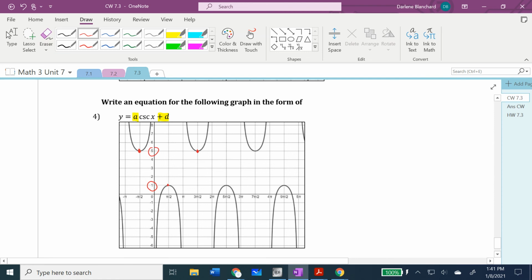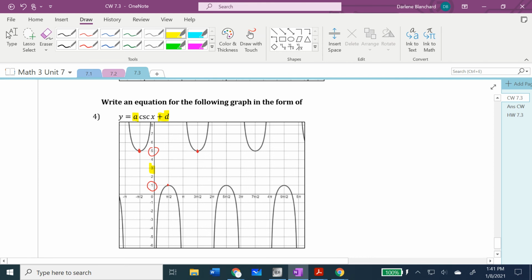The midline between those is halfway between them, and that means 3. The midline always is going to show the vertical translation. If I need to move the graph up 3 units, then I have to add 3 to the function.